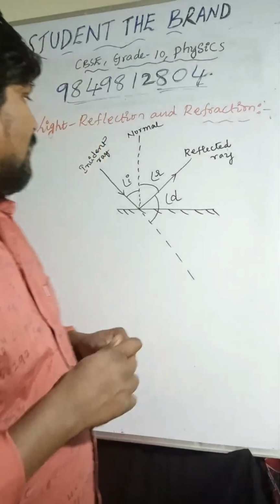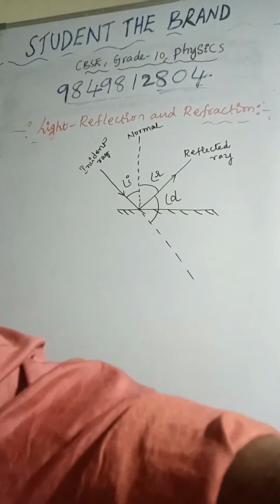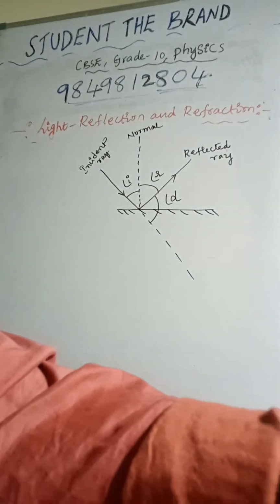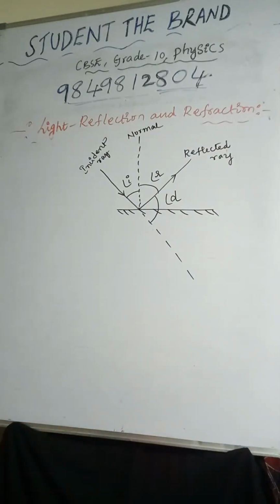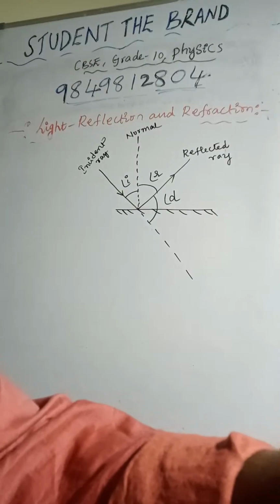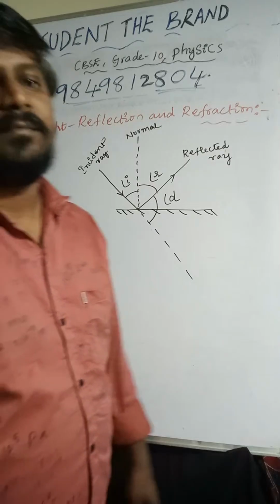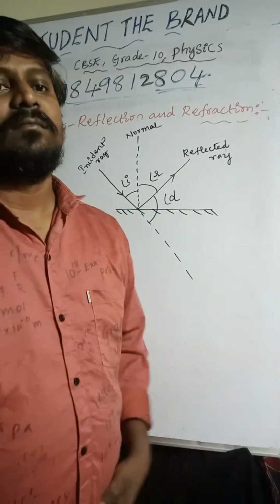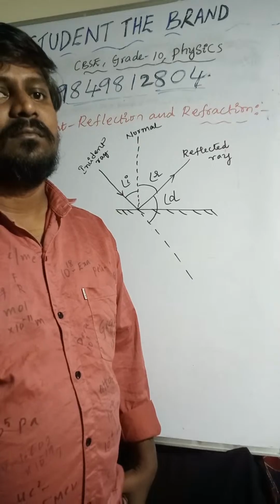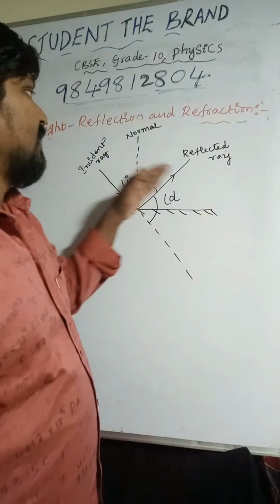Okay. So here you can see incident ray, reflected ray and normal line.